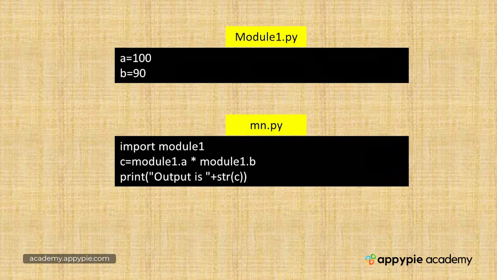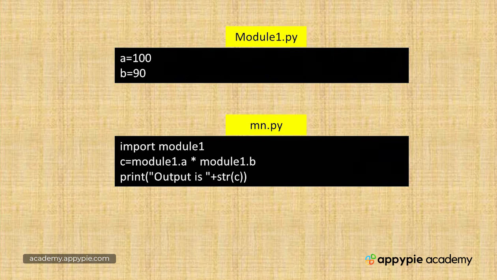I am borrowing it from the module1 module. So module1.a * module1.b. I have simply multiplied both the variables which have been taken from module1, and the result will be put into c. And furthermore, I have printed this output which is in c by using the print statement.